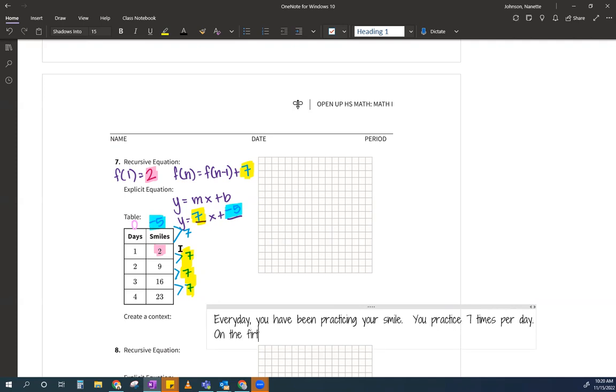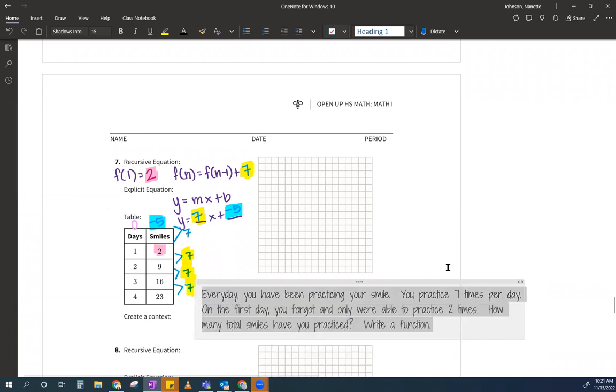On the first day, you forgot and only were able to practice 2 times. And then maybe the question would be something like, how many total smiles have you practiced? Write a function. There you go. It's an awkward little context. I can come up with awkwarder ones if you don't know, but this was funny to me, so I just went with it.